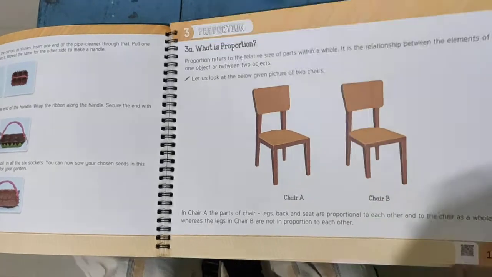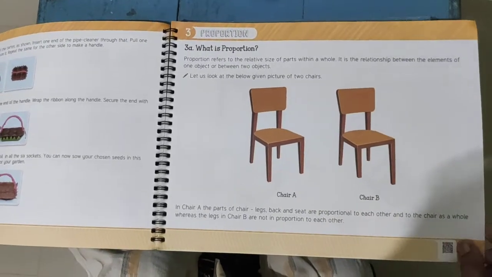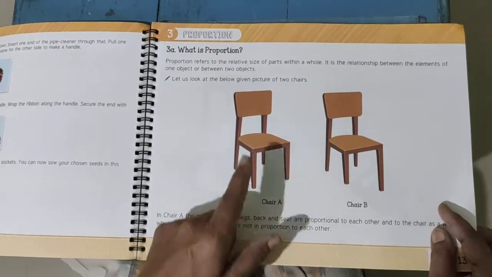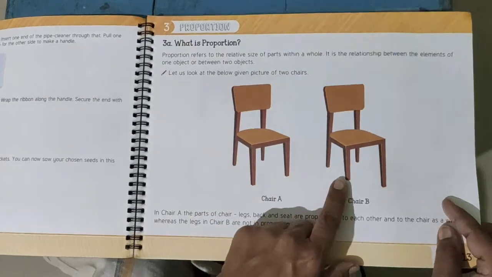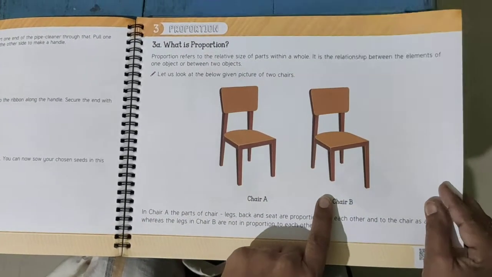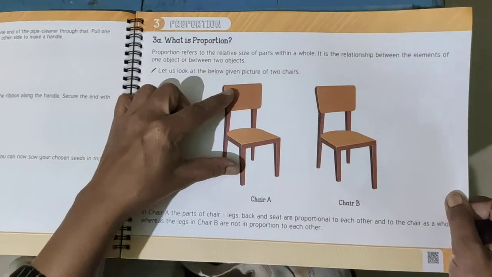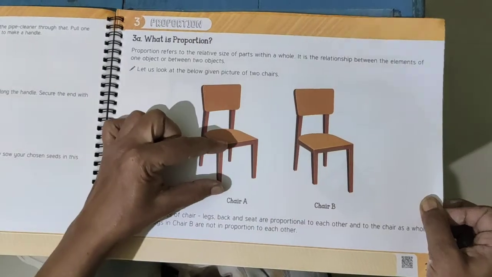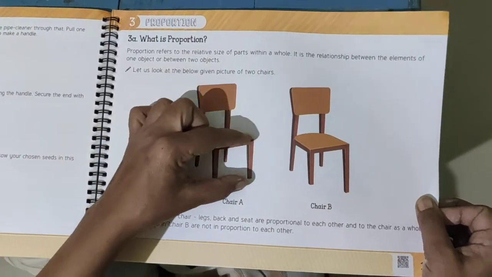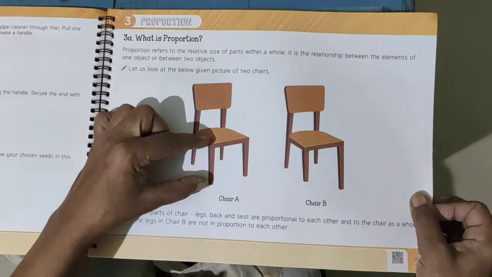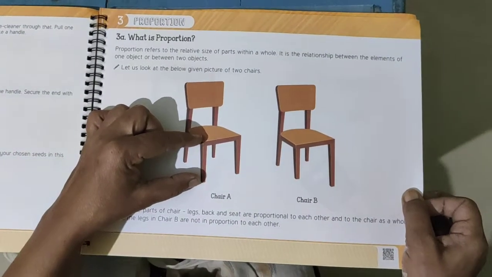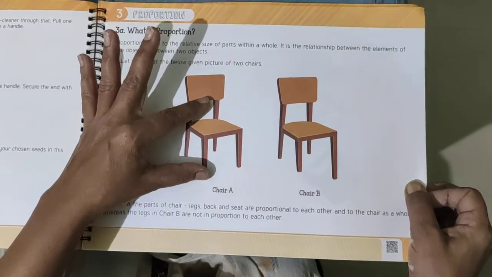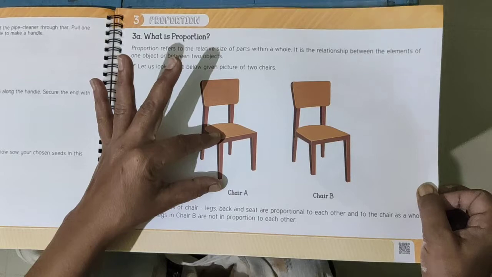Friends, see this page number 13. What is proportion? So what is given here? This is chair A and this one is chair B. When we observe these 2 figures properly, this leg and this leg are both the same size, meaning the relative parts of these chairs are in a balanced position.